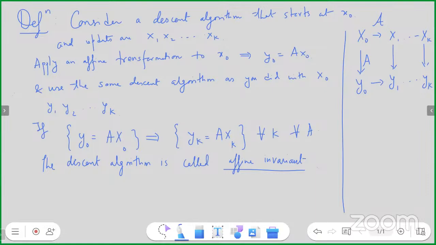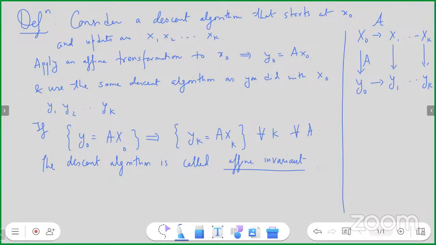So what was that algorithm? Which algorithm, which we proved, has a convergence rate of lambda max minus lambda min over lambda max plus lambda min? Steepest descent. So the first thing you should try to prove is that steepest descent is not affine invariant. Okay, so how does one prove that? Is the definition clear to everybody? Okay. So now try to think, why is gradient descent not affine invariant?